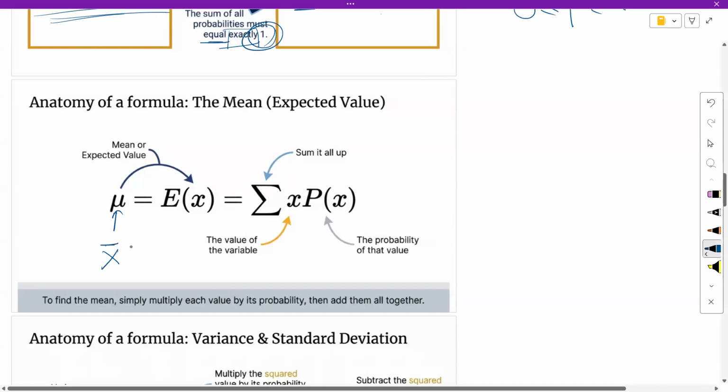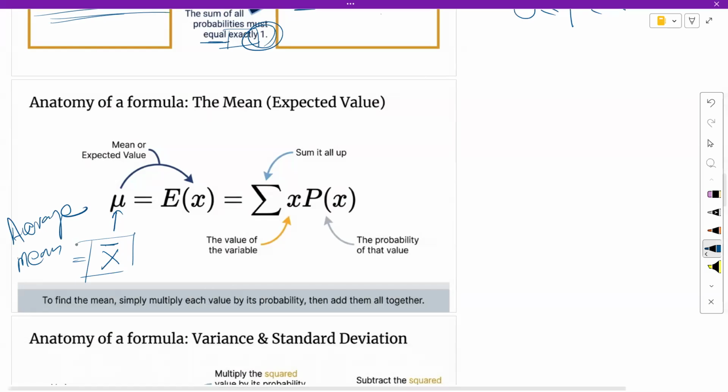X bar. Mu, sometimes we write X bar. X bar we use for what? Mean or average. Average probability, right? What's the average probability? If you don't mind, we can say like that. Or a mean probability. The mean or expected value.